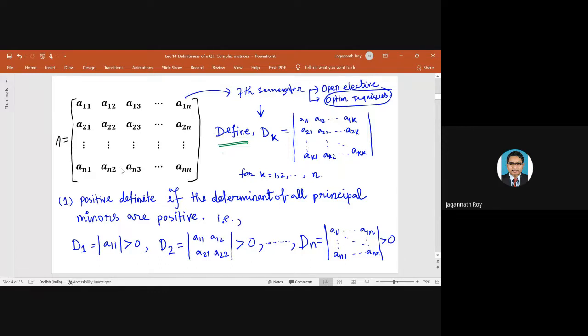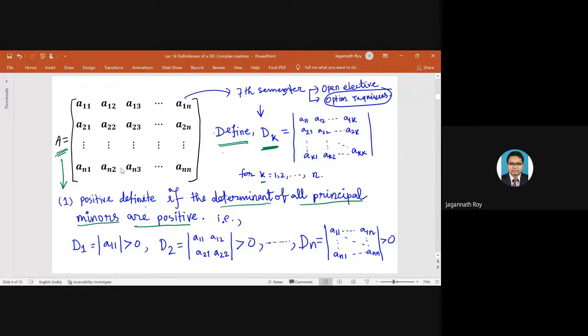So if we have a matrix of this form, then this matrix is called positive definite if the determinants of all principal minors are positive. Here we define Dk as the principal minor of order k.